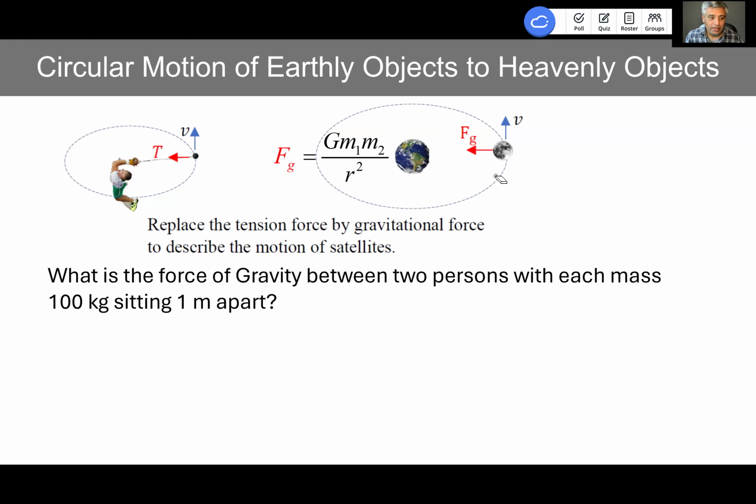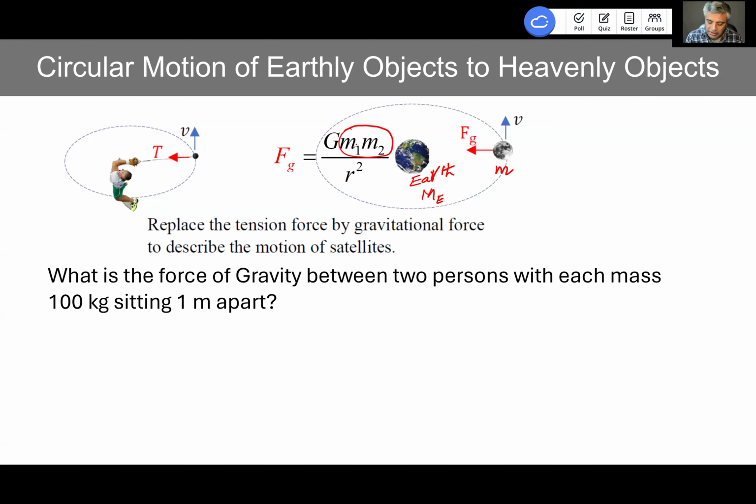According to this equation, it depends on the product of two masses. So for example, if we are talking about the mass of Earth, I'm using the notation uppercase M with subscript e, and the mass of the moon, for example, lowercase m.